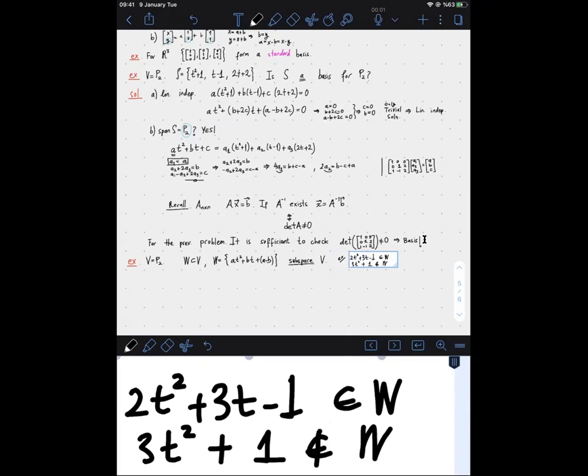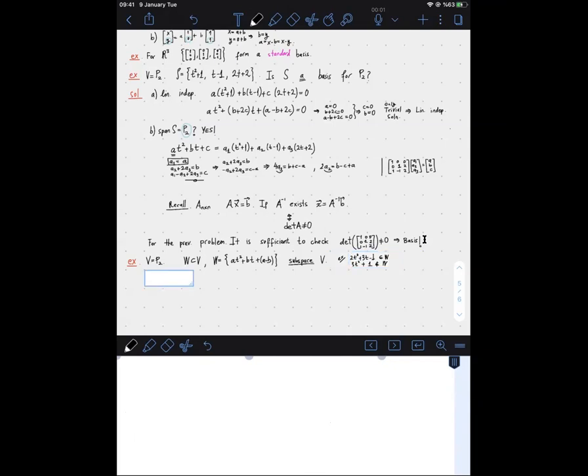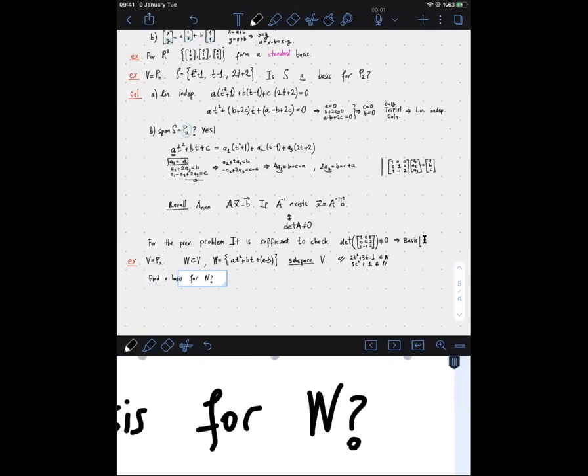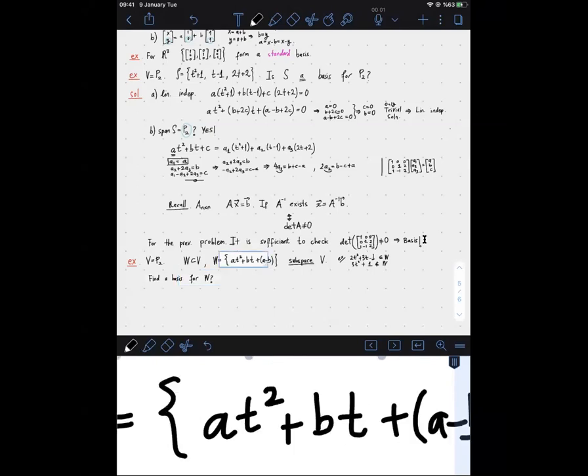Now, what is the question? I didn't write the question yet. The question is to find a basis for W. So we're trying to express this complicated vector space by a few vectors, 1, 2, 3, some small number of vectors, in a unique way.